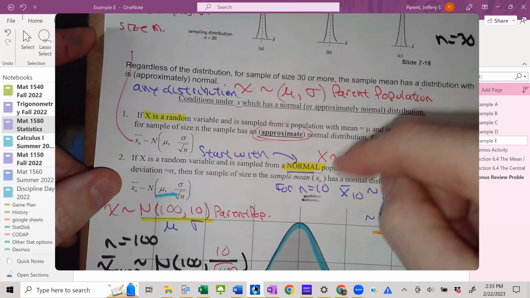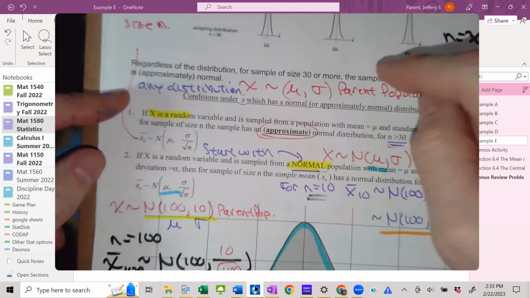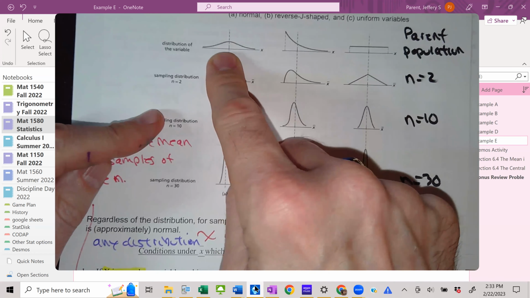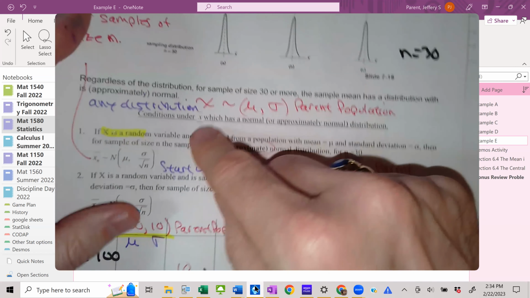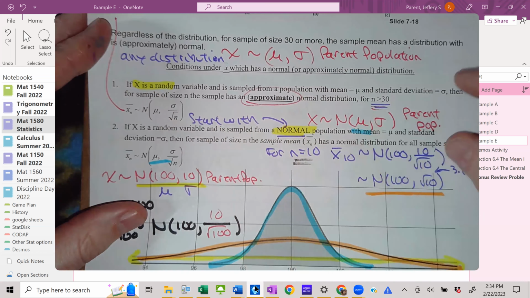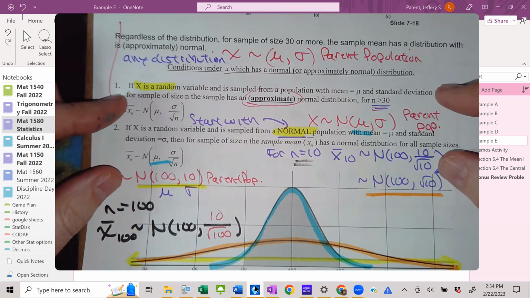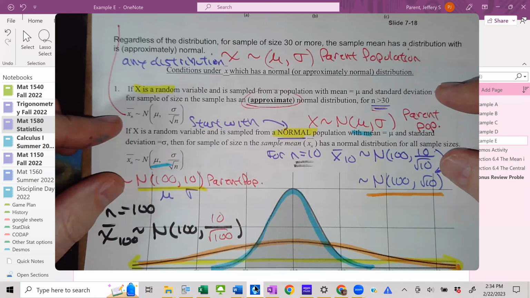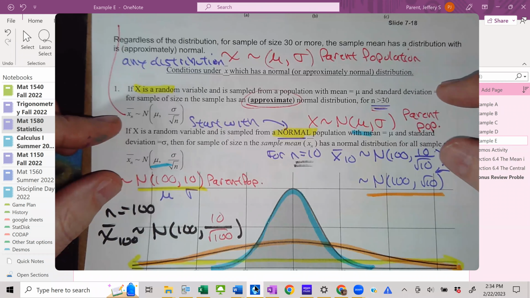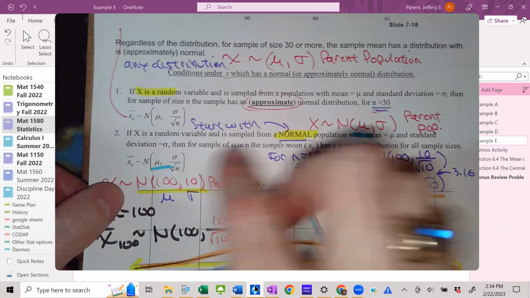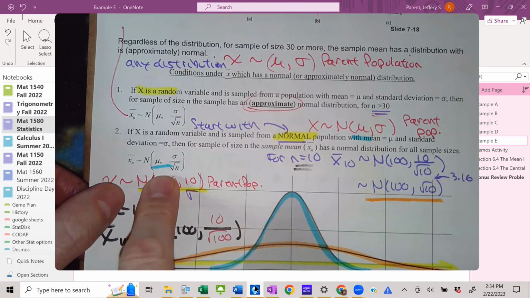So the first part of these problems says let's sample from some distribution. But the second part is going to require you to use the central limit theorem. Your tip-off, to be very blunt, is that it's going to talk about the mean weight or the mean of your random variable.